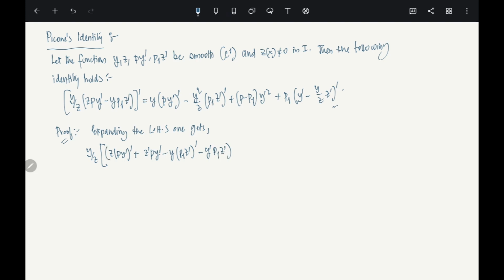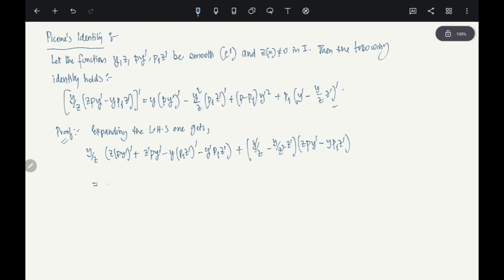This is what we are going to get, plus y prime by z minus y by z square z prime, z p y prime minus y p1 z prime. This is what we are going to get when we expand it, right?